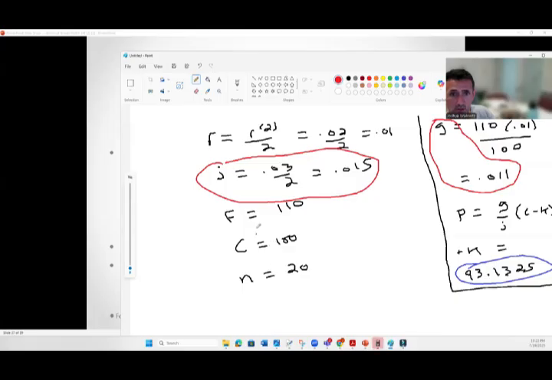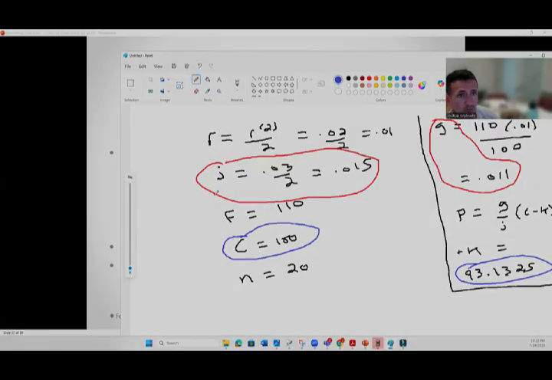So that checks it. It checks as a sanity check that in this case the price is less than redemption, and as has to be true, G is less than J.